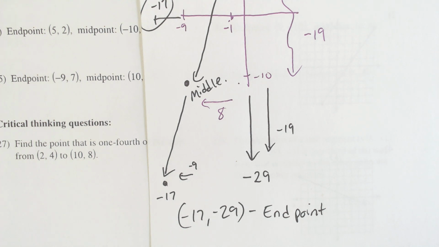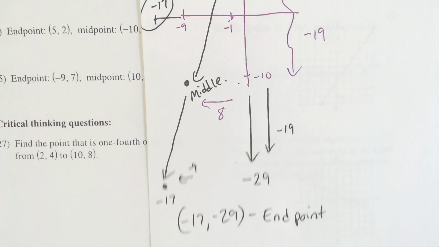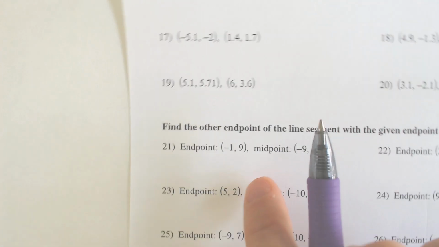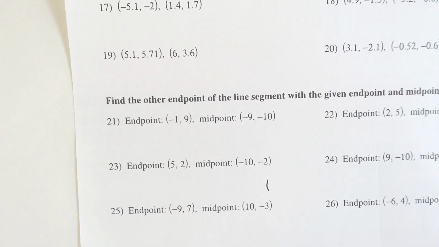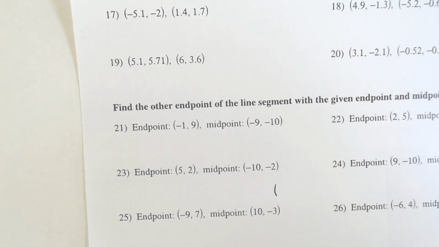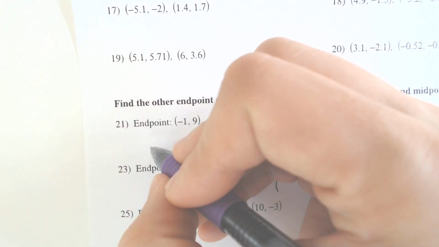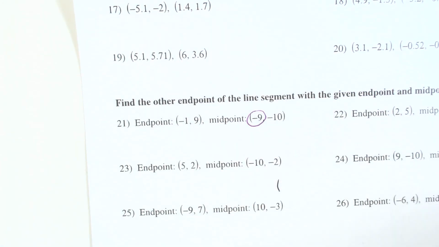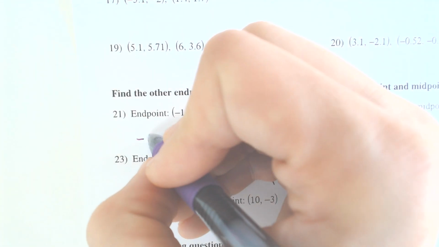Now, that works. It works better with smaller numbers. It happens that the first example did not have smaller numbers. It will also work if we use the midpoint formula, but we have to do it differently. So remember that the midpoint formula means you add your x's and divide by 2. So we know the middle x value is -9.